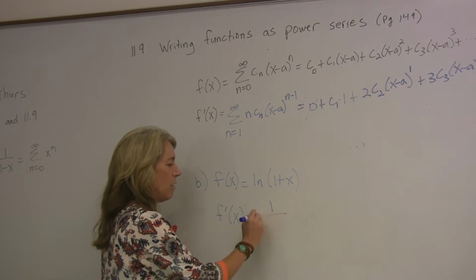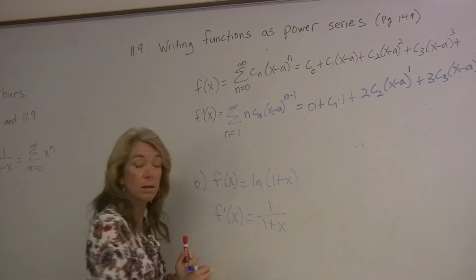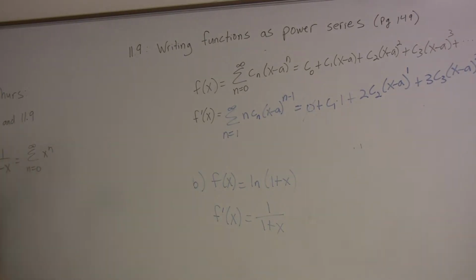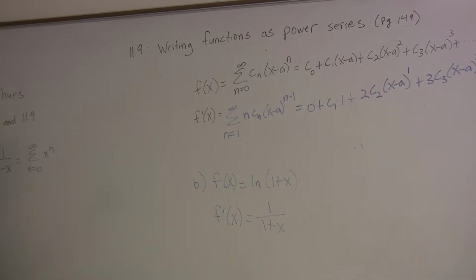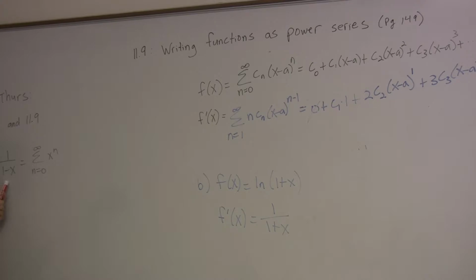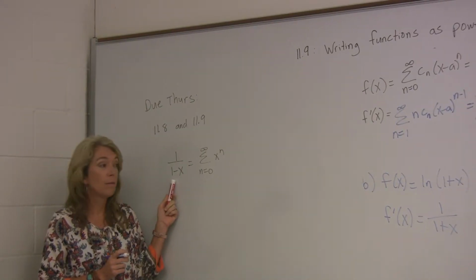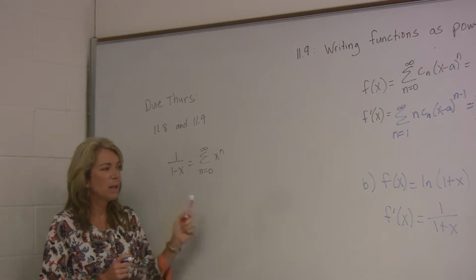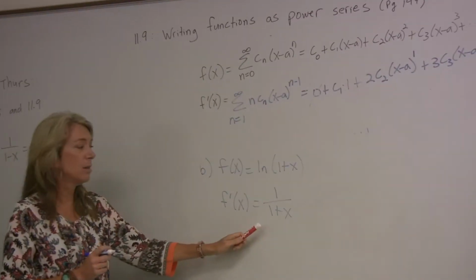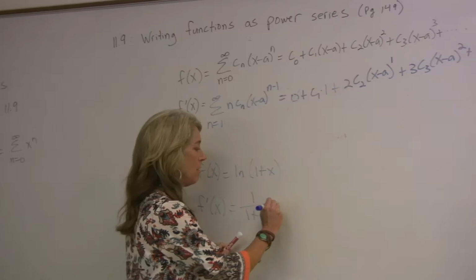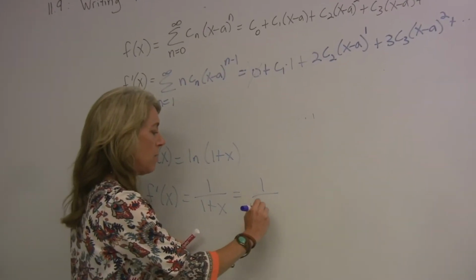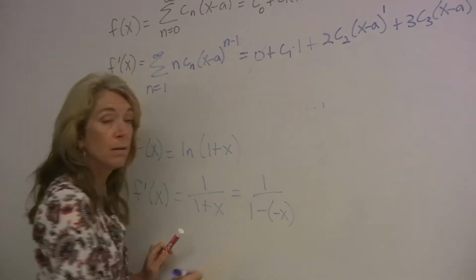That's going to be 1 over 1 plus x. Derivative of any natural log function. Now it looks a lot like this, except x is positive. I've got a plus instead of a minus. But we know how to fix that. That's 1 minus a negative x.